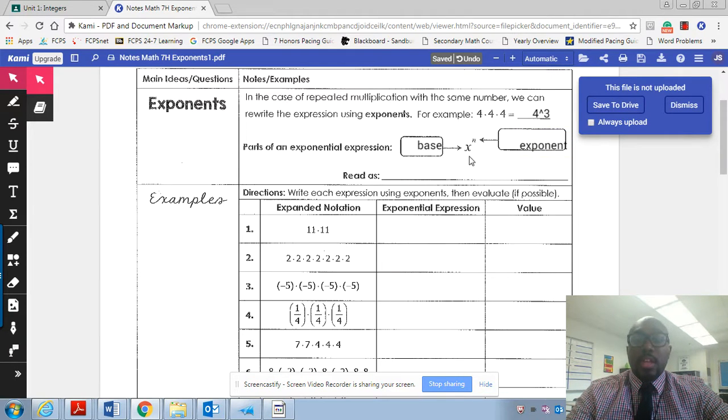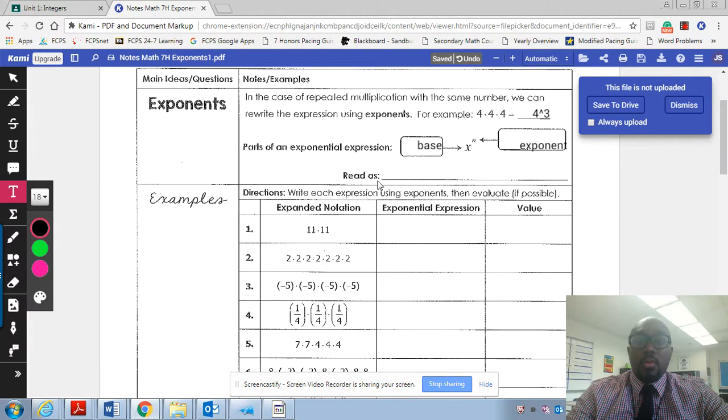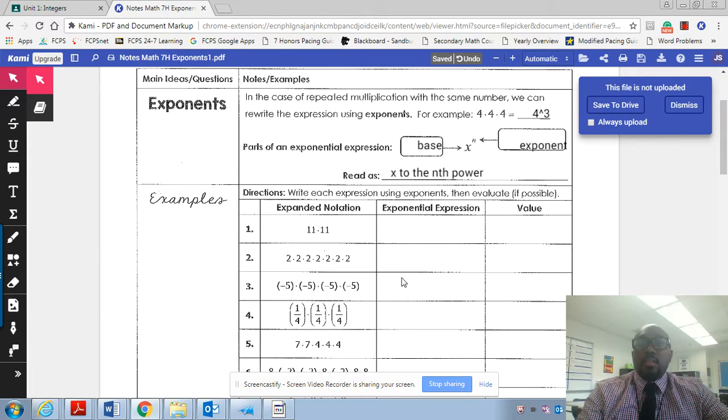This particular example reads x to the nth power.